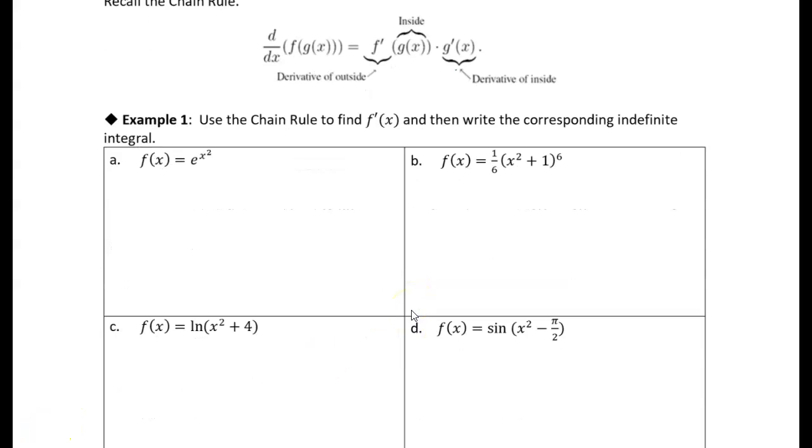Okay, so for this example here, we have a function f of x equals e to the x squared. Okay, so we have an inside function and an outside function. The inside function is the x squared, right?